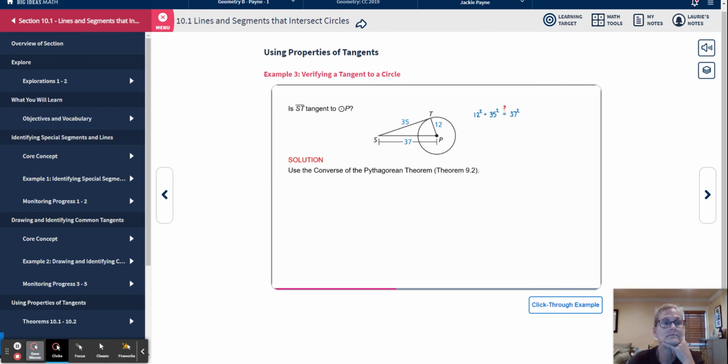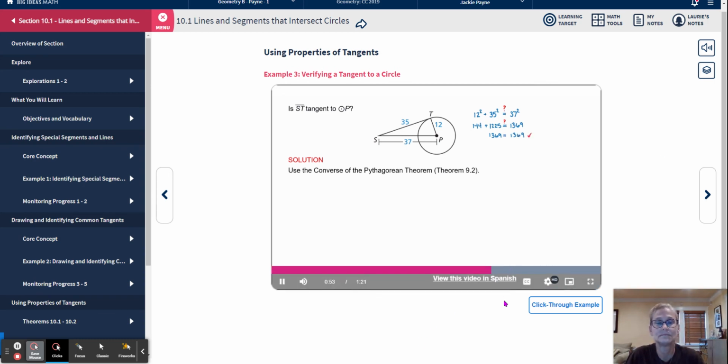Evaluate the powers. 12 squared is equal to 144, 35 squared is equal to 1,225, and 37 squared is equal to 1,369. Add 144 and 1,225, and you get 1,369 is equal to 1,369, which is a true statement.